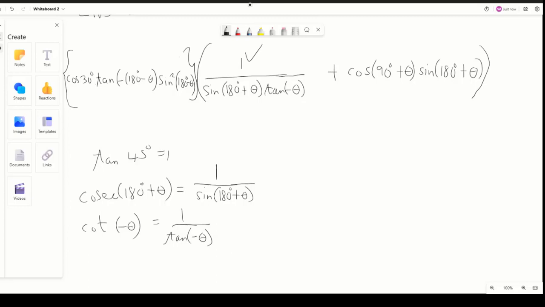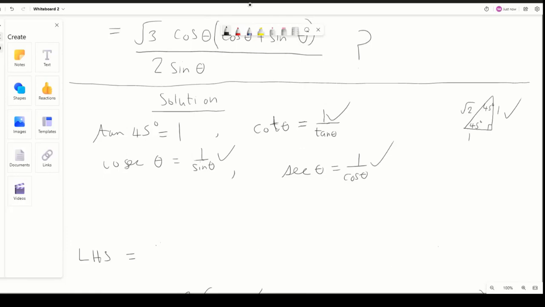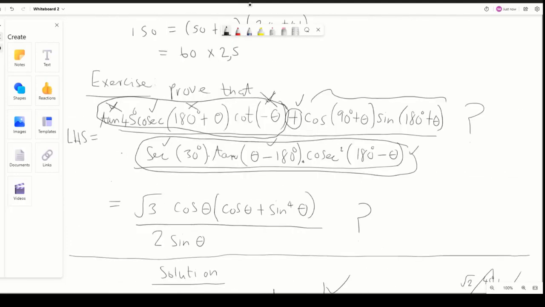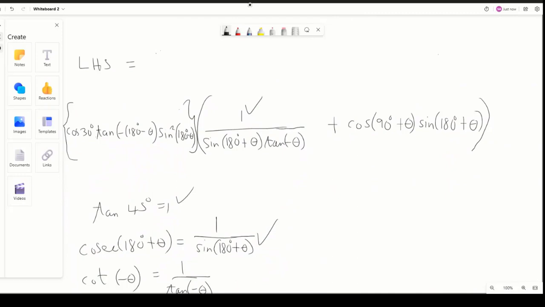Do you agree that this is true from the special angles? Yes. Do you agree that cosec is 1 over sine? Yes, sir. That cot is 1 over tan, right? Tan 45 is 1. There's the 1.